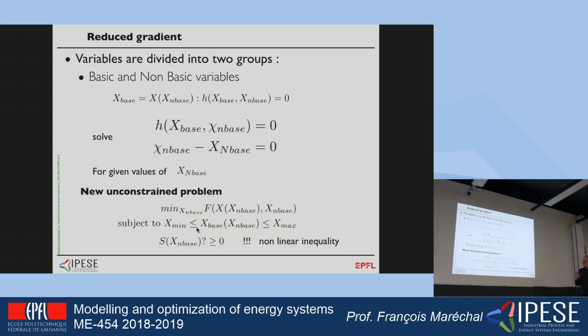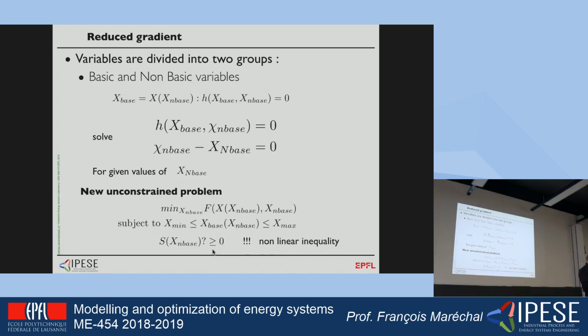But there is something important here: unfortunately, the basic variables also have a validity range. And therefore, the equations that are here are, in fact, nonlinear. The same for the slack variables that are a function of the non-basic variables.